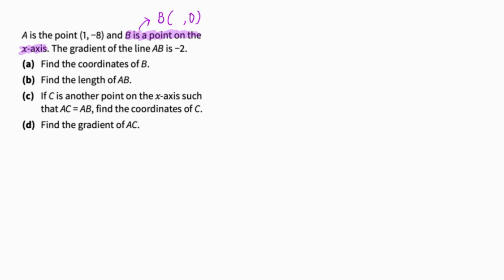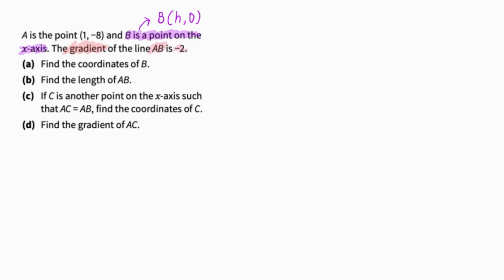Okay? So the very first thing is we are going to let h be the x coordinate of B. And that will allow us to find for part A, because we are also given another piece of information, which is the gradient of AB is -2.